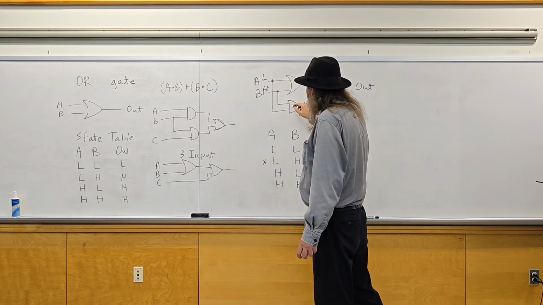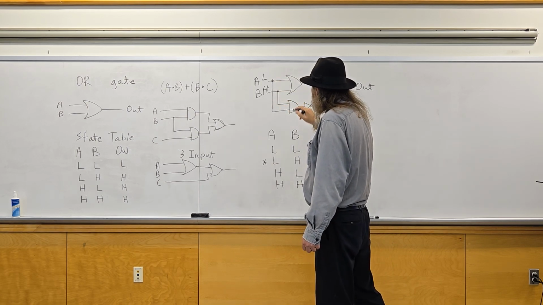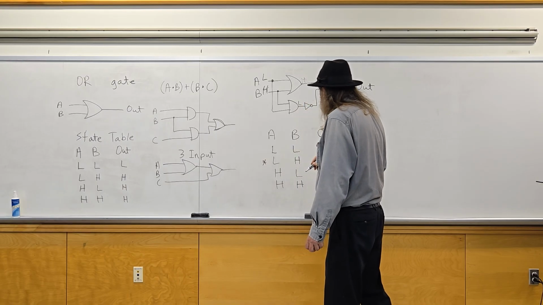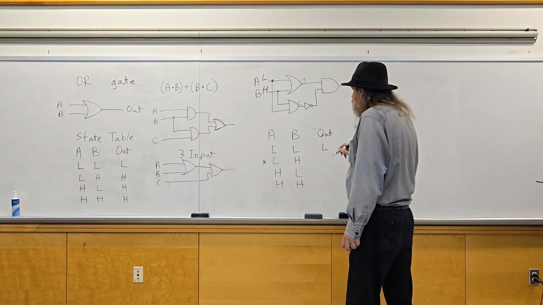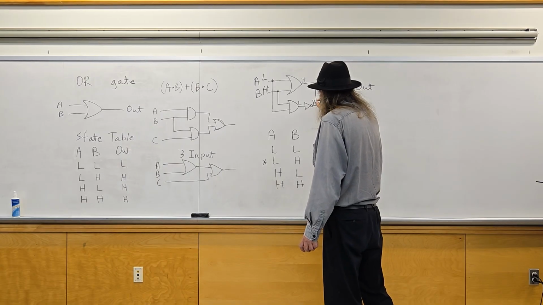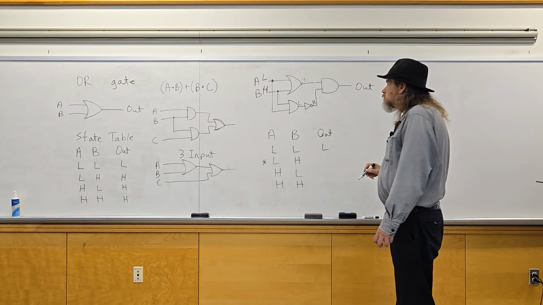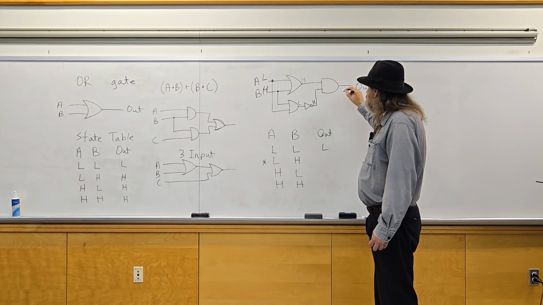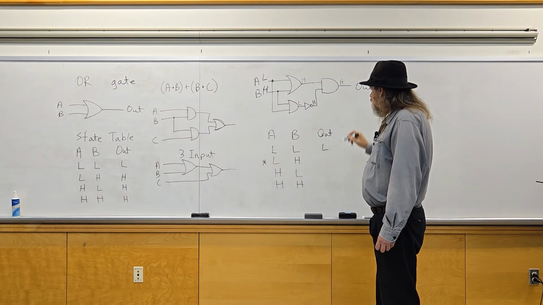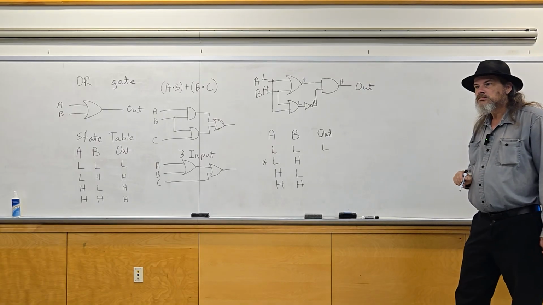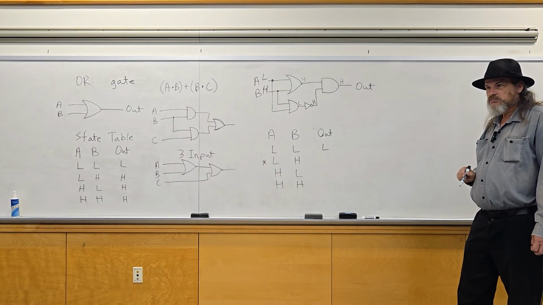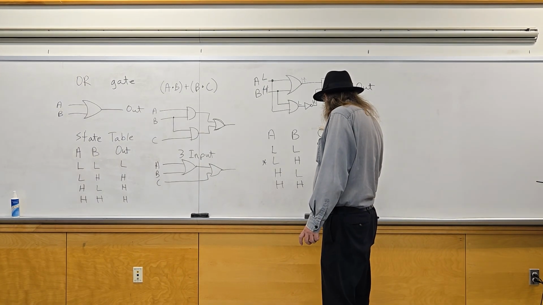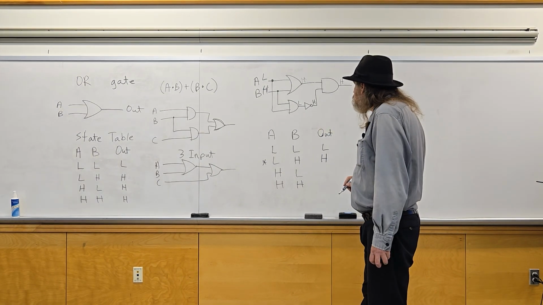Both inputs are not high, so this AND gate will also be low. Going through the inverter, that'll turn that to high. And then you have your two high inputs for the AND gate, which will make the output high. Follow that? Okay. So that would be high.